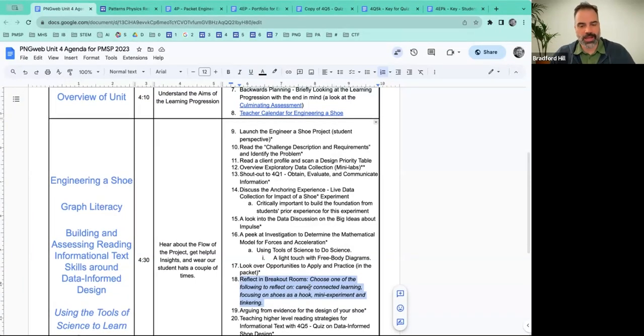We didn't hammer that or mention it too strongly, but that quiz has lots of details about electrical career options, something that students really ask about, and has a salary that a lot of students are like, what? And then focusing on shoes as a hook. And then that idea of tinkering with the mini experiments, where students are just handling something and taking data on almost a daily basis in this unit.